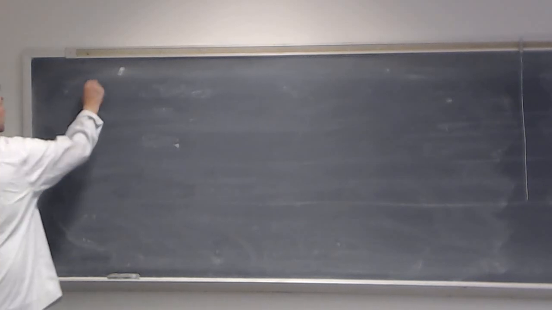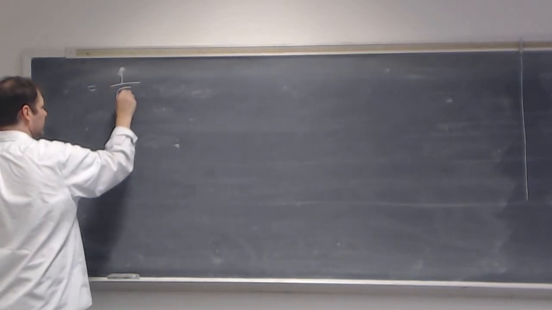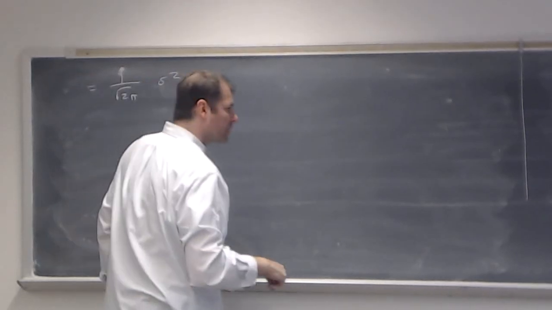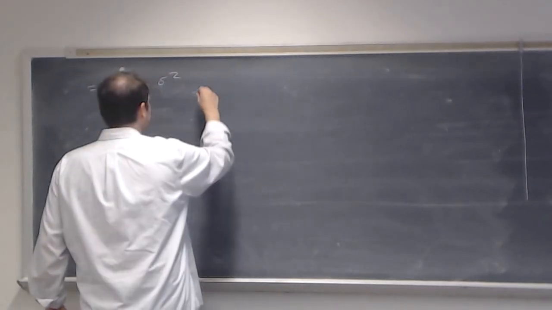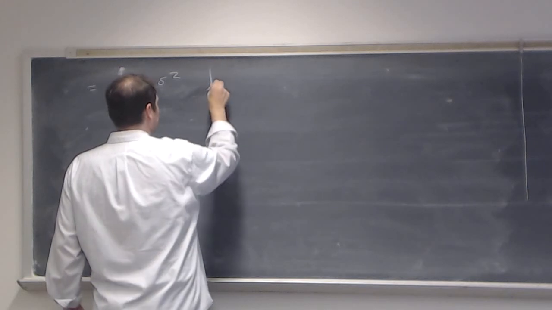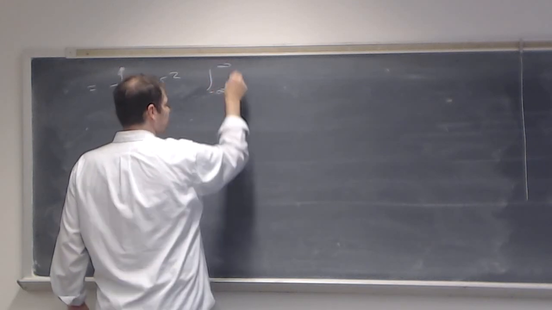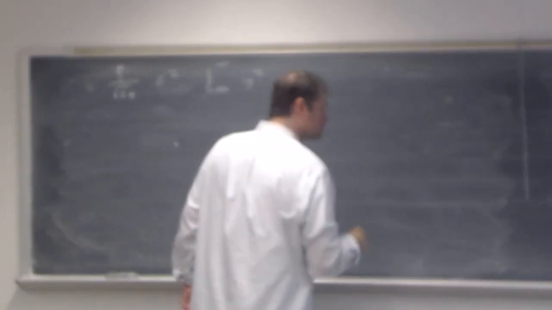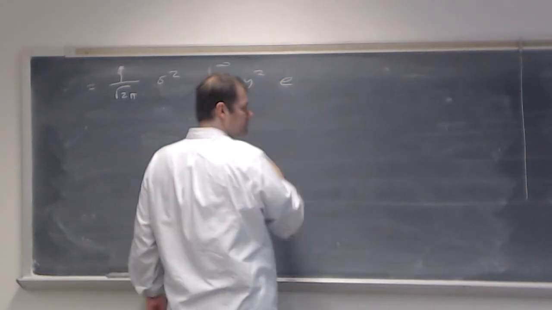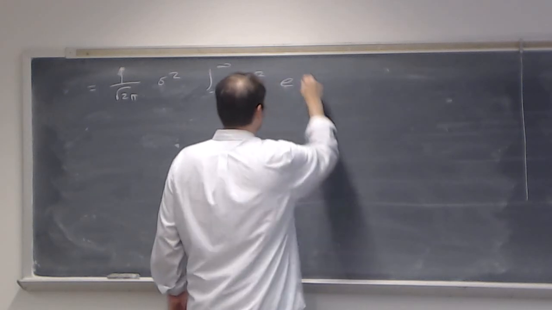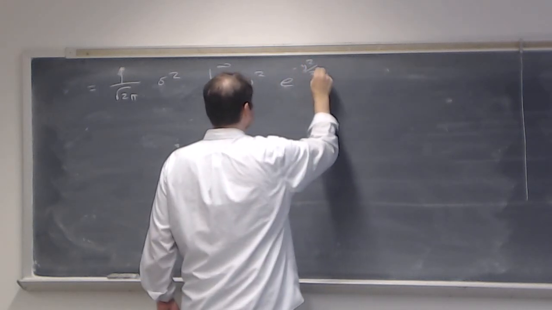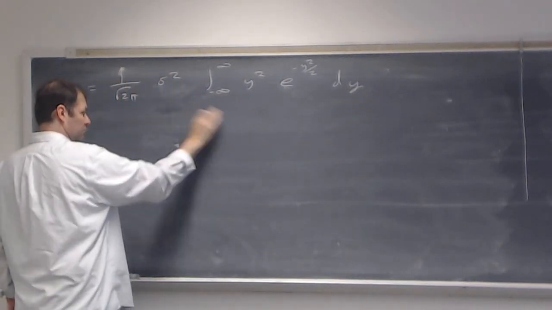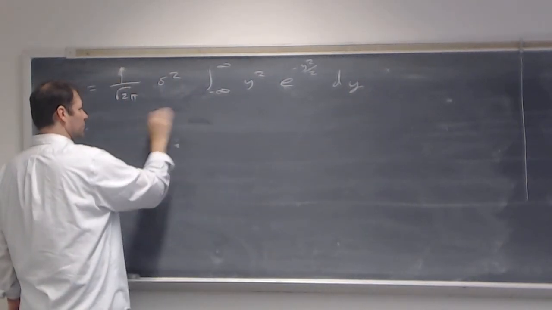So here's where we were, just rewriting that: 1 over the square root of 2 pi, sigma squared, the integral from minus infinity to infinity of y squared e to the minus y squared over 2 dy. The previous line said that, so I just want to put it in.